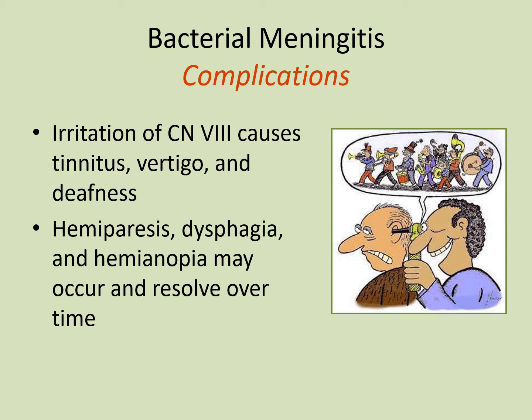And because cranial nerve number 8 has a vestibular portion as well as an auditory portion, we can also have vertigo as a complication from having had meningitis and irritation to cranial nerve number 8. Also, you see here, we can have hemiparesis, dysphagia, and hemianopia may occur, and they may also resolve over time.